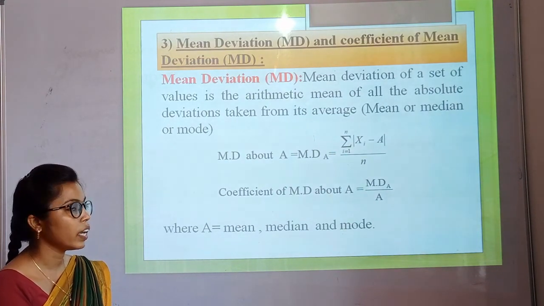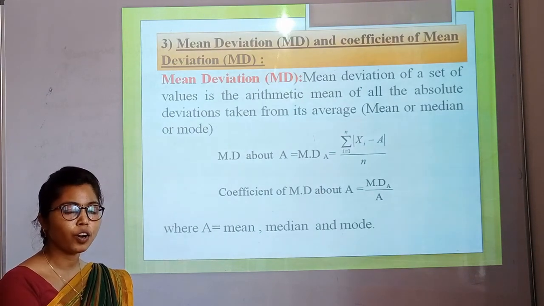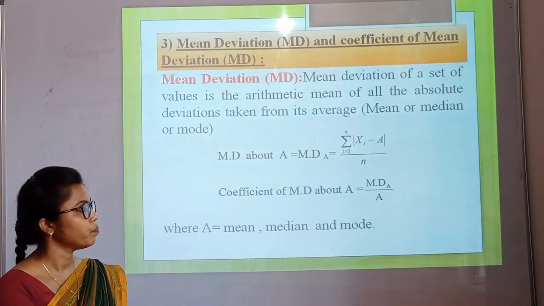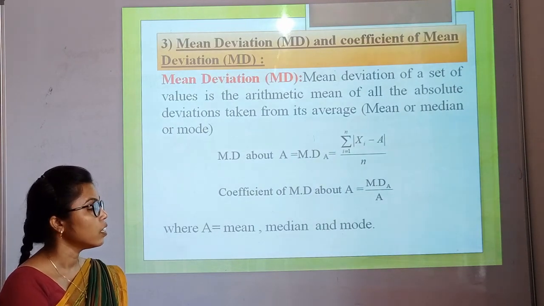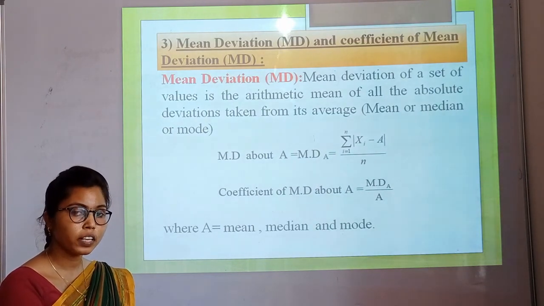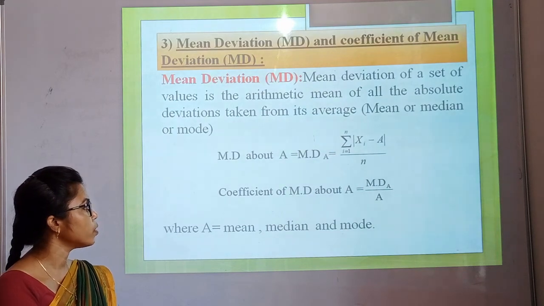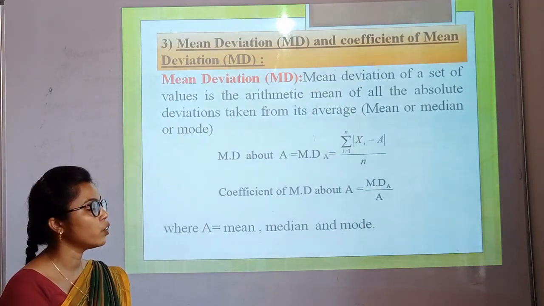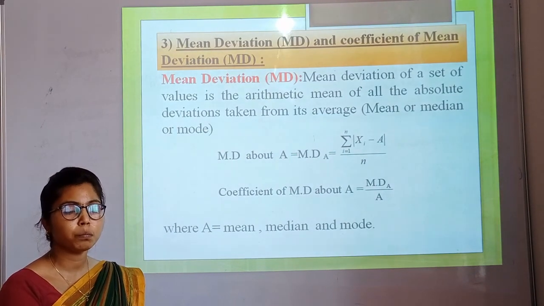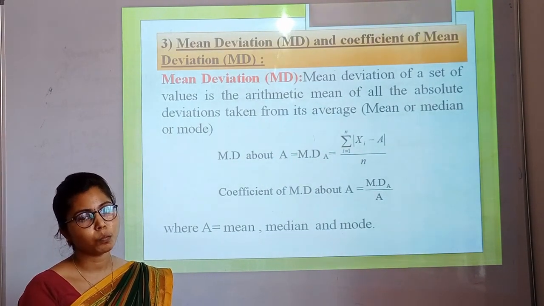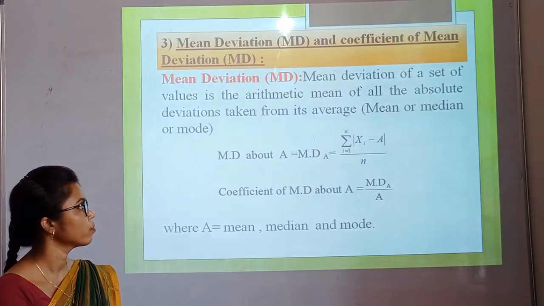Mean deviation about A, where A is mean or median or mode, is given by the formula for individual data. The coefficient of mean deviation about A is equal to mean deviation about A divided by A, where A is mean or median or mode.